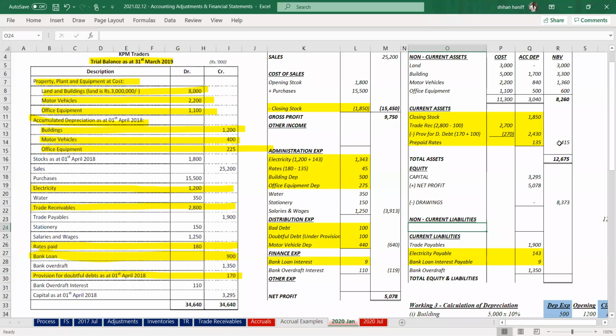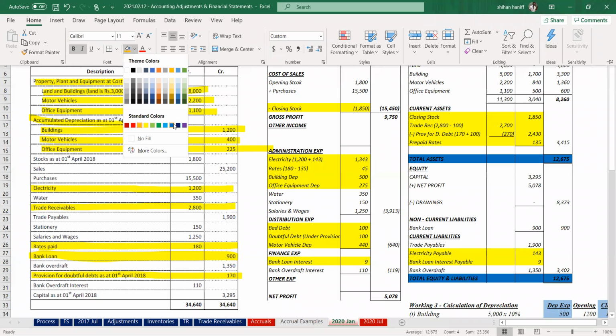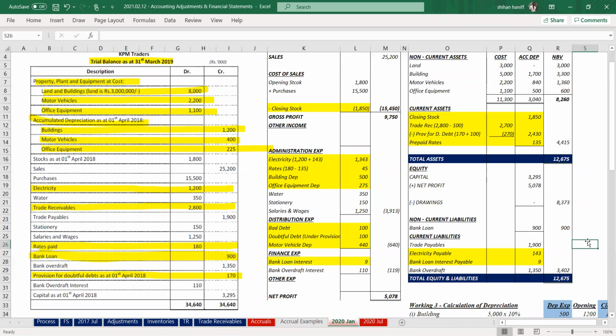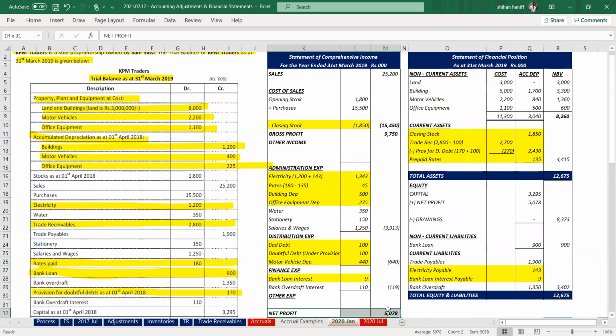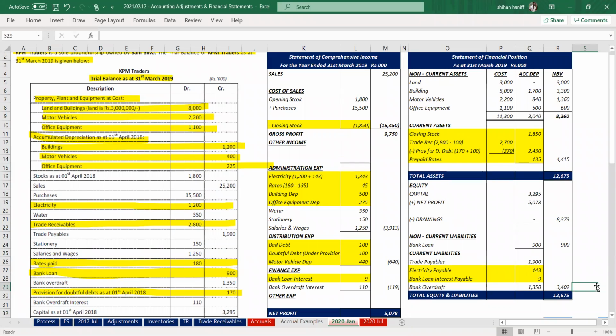There is a bank loan. Net profit is 5,078.